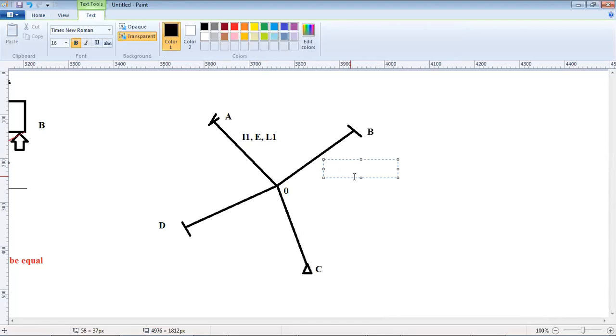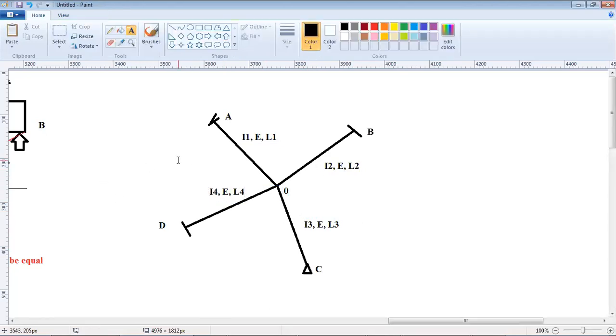For OB, it's I2, modulus of elasticity E, and length L2. For OC, it's I3, modulus of elasticity E, and length L3. For OD, I4 is the moment of inertia, E is the modulus of elasticity, and L4 is the length.